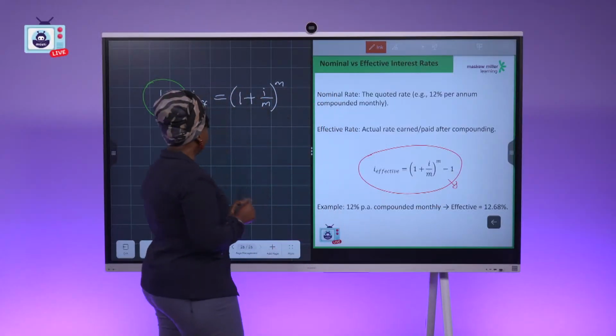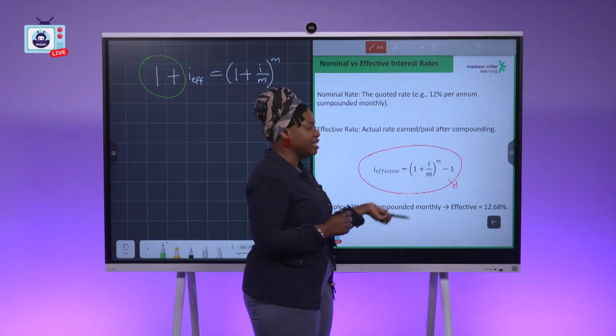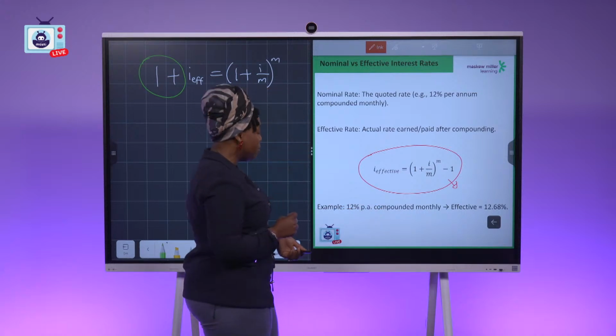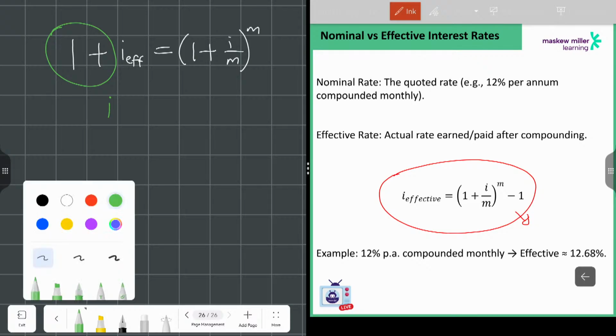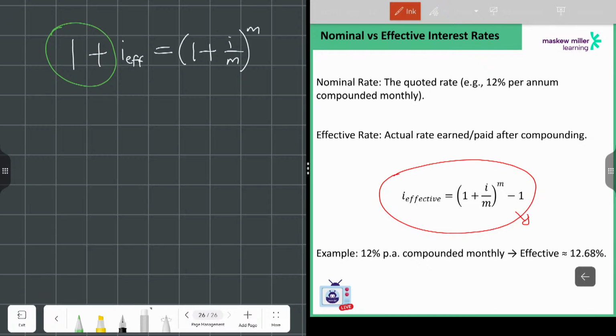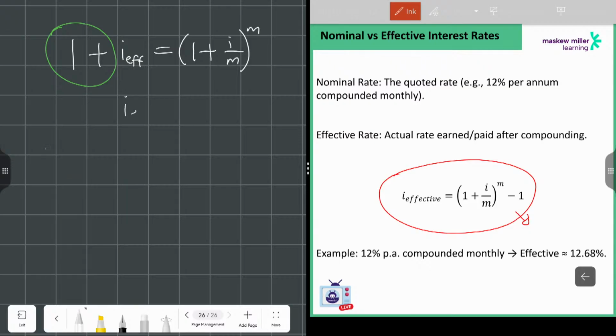So you can calculate that as well and find your effective rate as 12.68%. Let's try that. If I'm looking for i effective, that will equal 1 plus my i, which is given as 12, but remember the 12 had a percent, so it's 12%, which you can say as a percent or divide by 100.